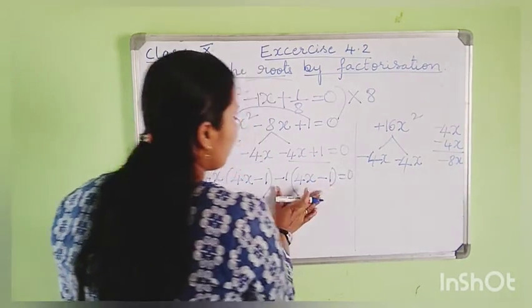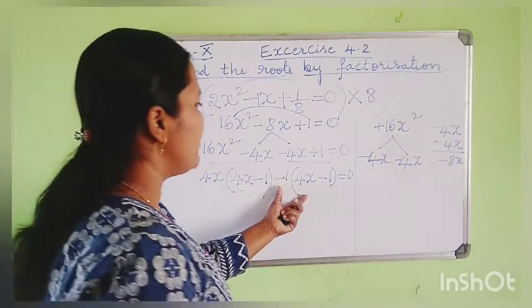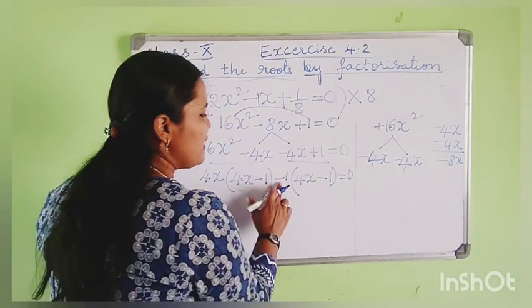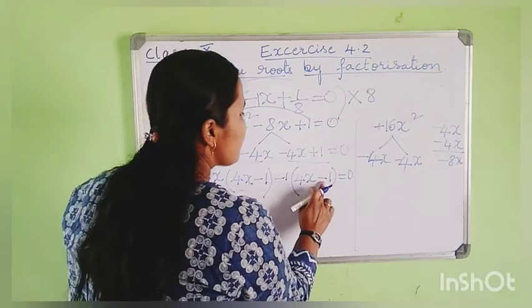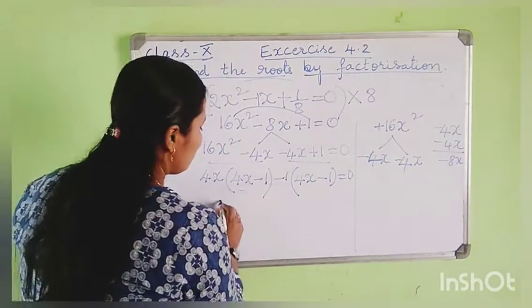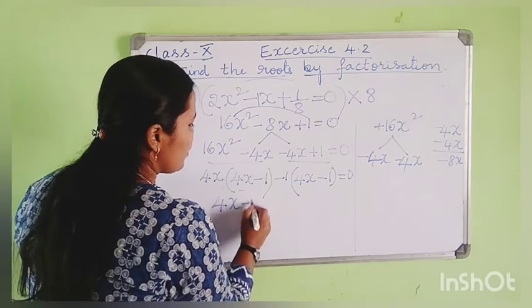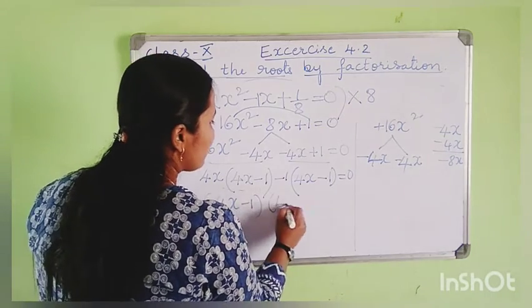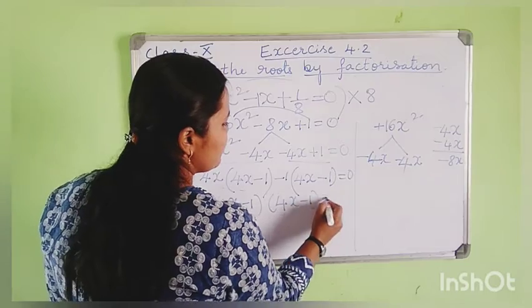This is also a very important part of this problem. Whenever you are taking minus outside, the inside sign will change. Understood? Now you can take 4x minus 1 common. Both the factors are same in this problem.